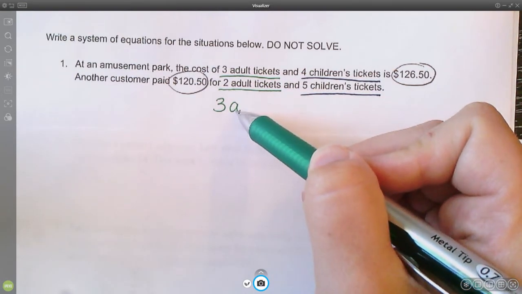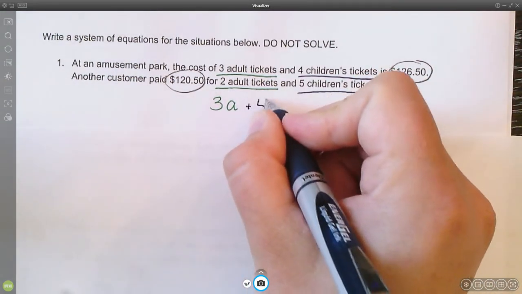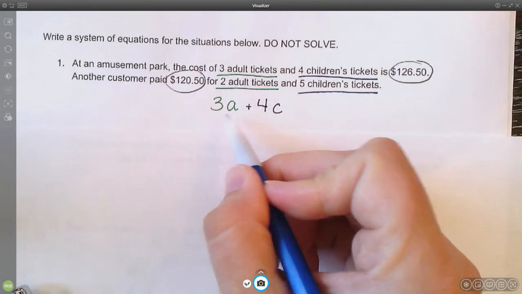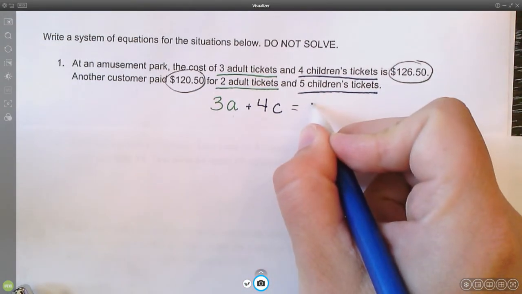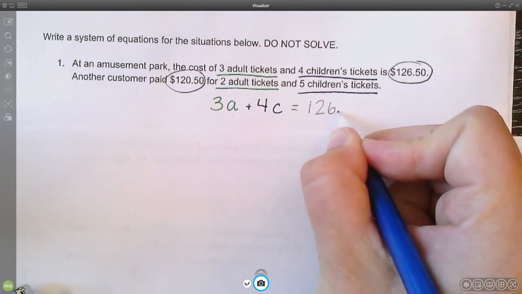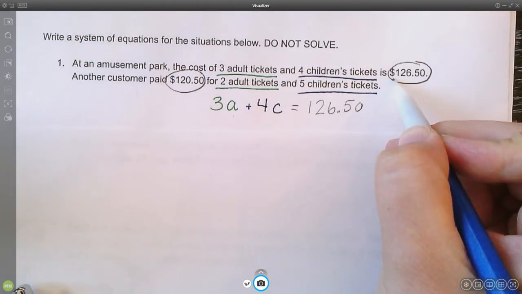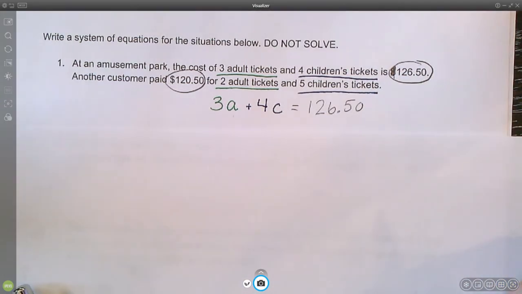So A stands for adults, and then 4 children, so that would be plus 4C, which is children. So if we take 3 adult tickets plus 4 children tickets, that's going to equal 126.50. When you are writing equations, you do not include the dollar sign. You're never going to have a dollar sign in an equation.